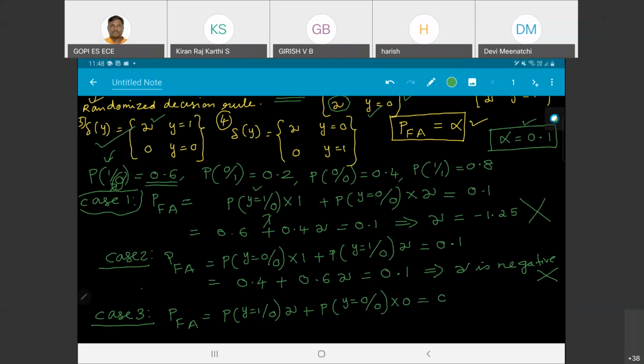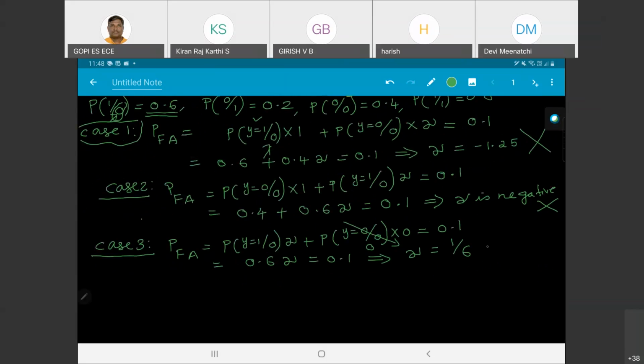So this is equal to 0.1. The probability of y equal to 1 is 0.6 in this, so this is 0.6 gamma. The second part is anyhow going to be 0, equal to 0.1. Gamma is 1 by 6. Fine. This is a valid equation, but we cannot immediately declare case 3 as the Neyman Pearson solution for this particular problem.